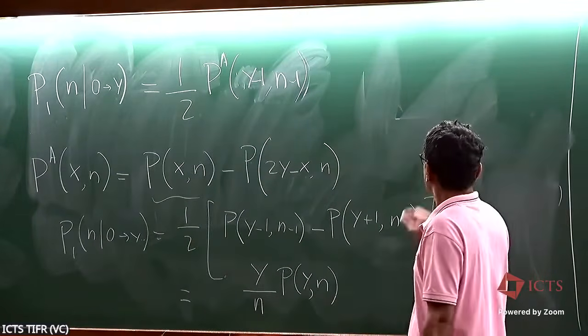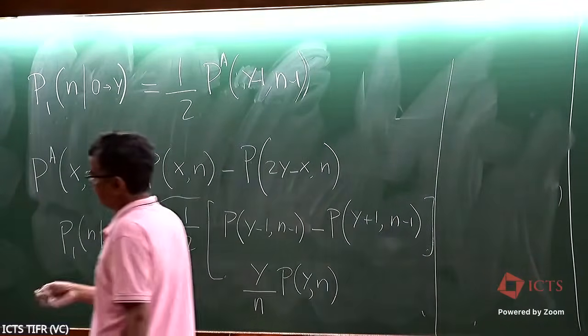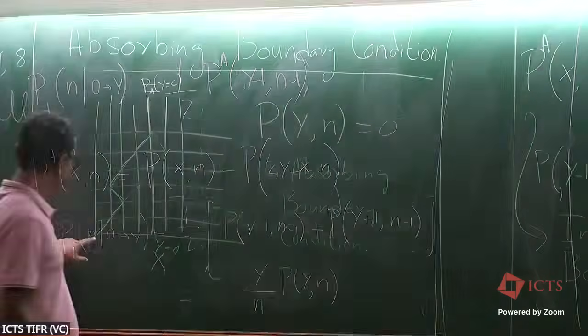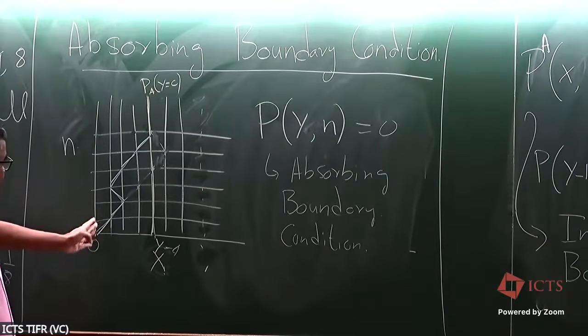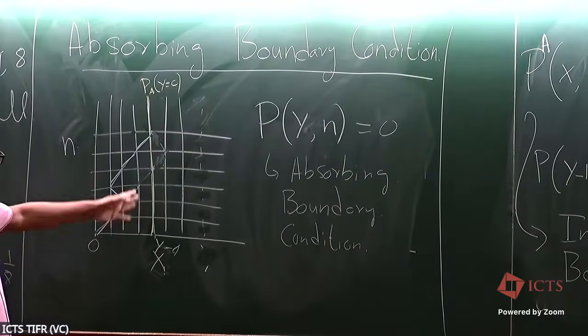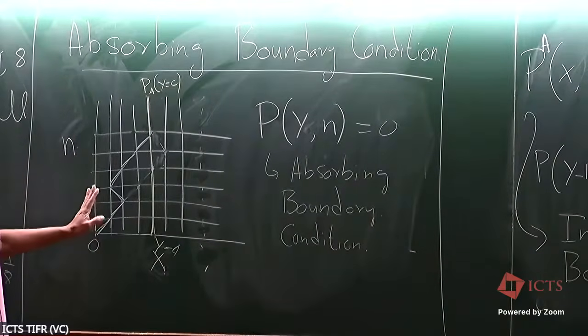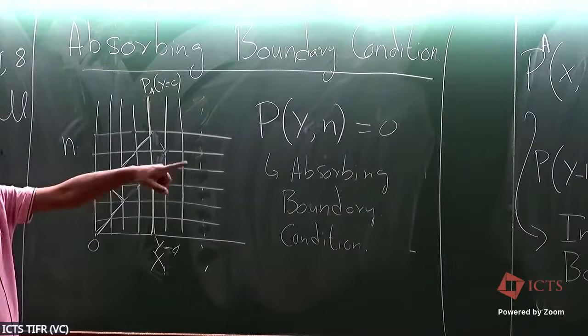Now if we want the first passage to the first return time, it's a bit tricky because we can't put the absorbing at the boundary, right? But what can we do? If we want the return time problems from 0 to y, we have an exact formula.